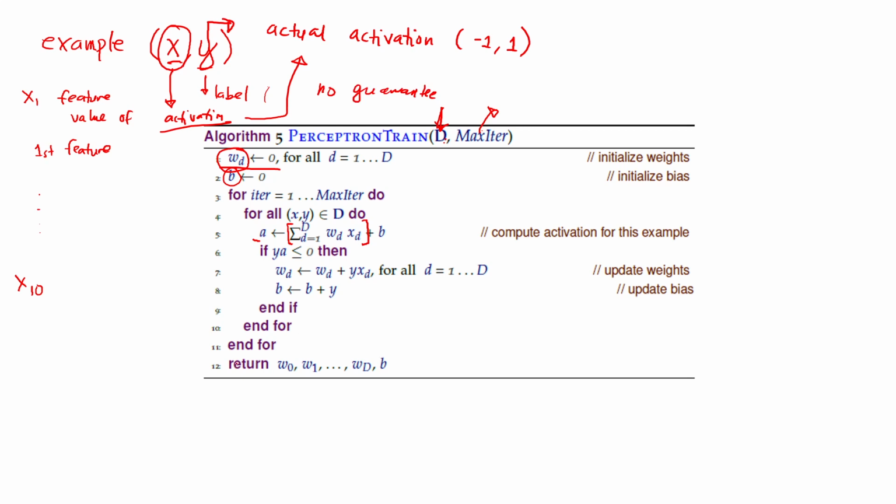So we need to know whether we got the correct activation, because if we don't get the correct activation, then certainly we have to adjust our weights, right?